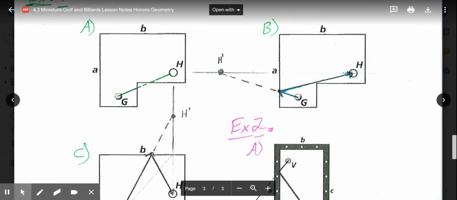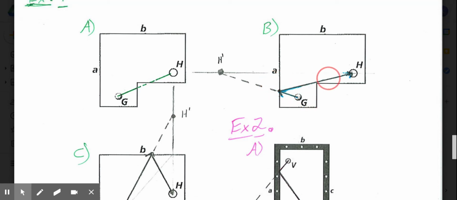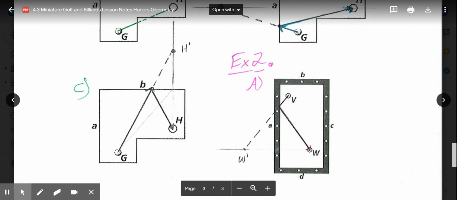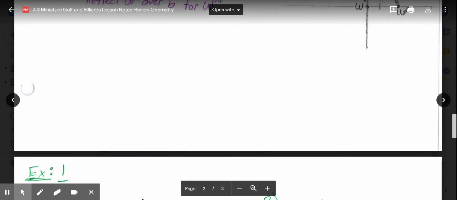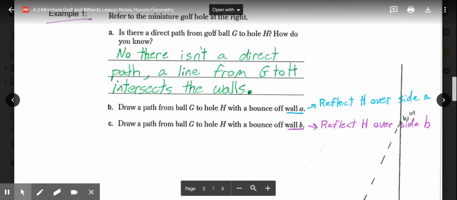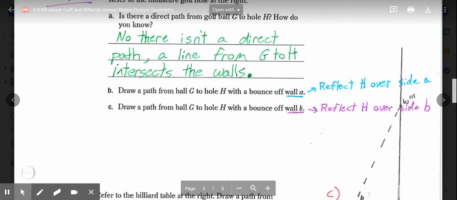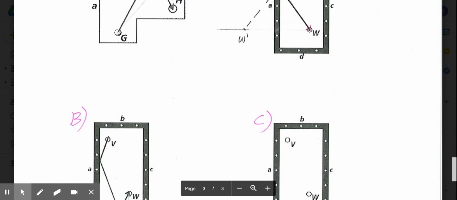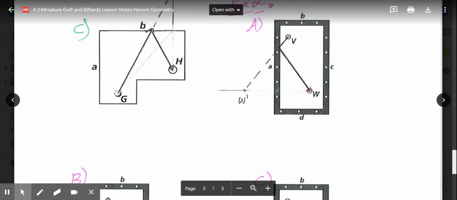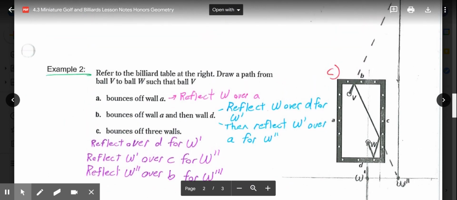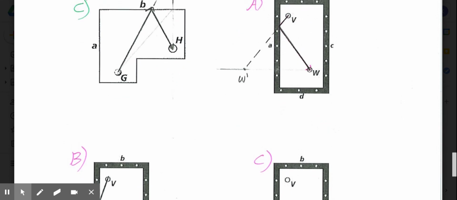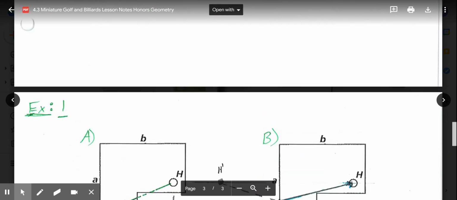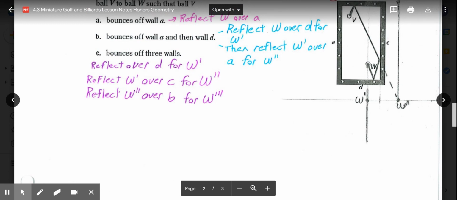Part B, hitting ball G off of A to go to H. And then part C, hitting ball G off of B to go to H. So these 3, A, B, and C, are the 3 example ones that I'll take you through step by step. Then example 2, A, B, and C, are the 3 that create this image here. So again, I'll walk you through A down here, B down here, and then C being the final image here on how to do those pieces.